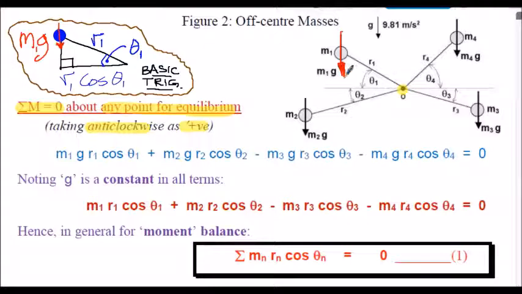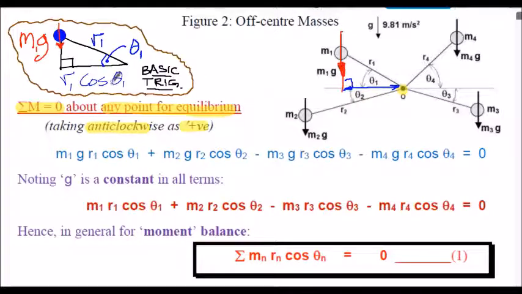If this is my force, and I draw the line of action to that horizontal, my perpendicular distance from the origin is this distance across here. So my force, m1g, multiplied by this blue distance, would be the anti-clockwise moment of the m1 mass about the origin.